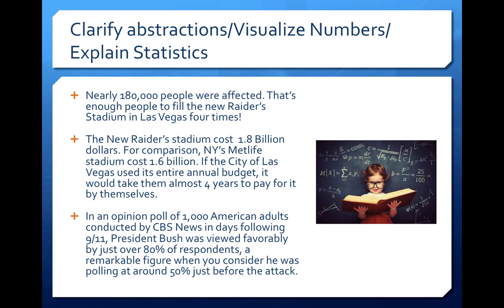So I explain here a little bit about what the poll is, where it came from, how it was conducted, as well as I give you a comparison of figures so you have an idea how much 80% actually is. Is that good or bad? I don't know. I don't have a baseline to compare it to.